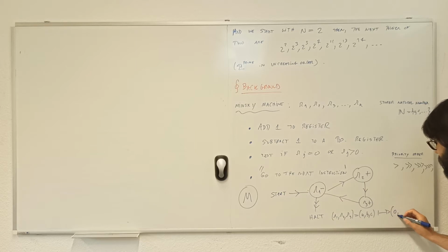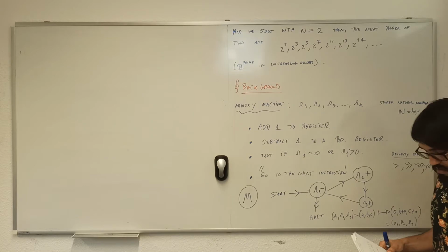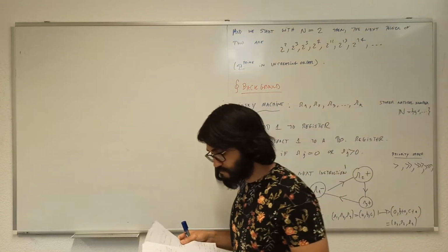So that would be 0, B plus A, C plus A. So it's adding A to B and C. That's what it's doing. Okay? So that's a very simple Minsky machine.